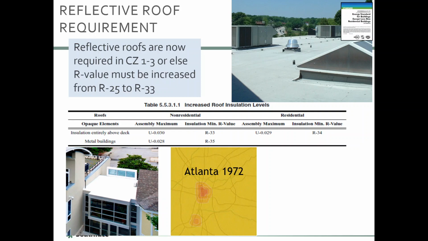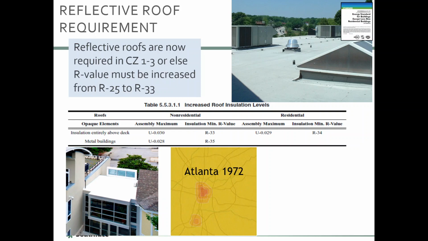Shiny roof. A reflective roof is required, and it's a very good idea even in Climate Zone 4, but it's required in Climate Zones 3 and under. A lot of the benefits of that may not seem so obvious immediately, but one of them is obviously it reduces heat gain into the building.